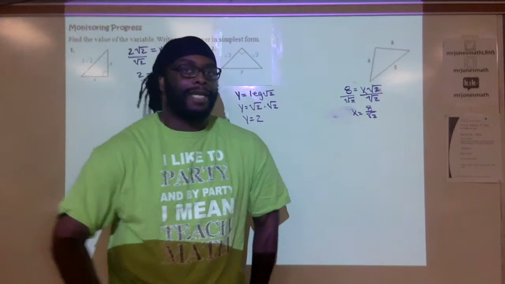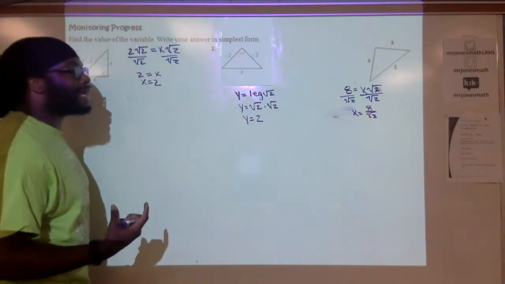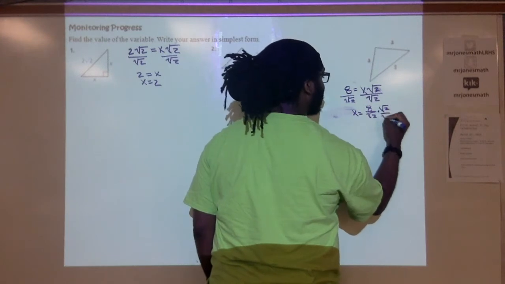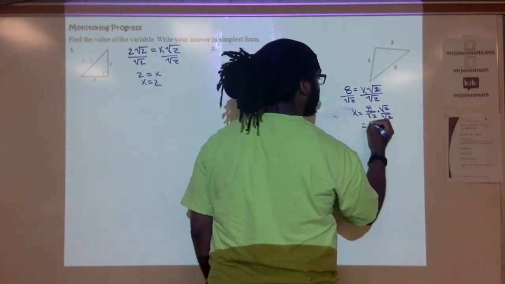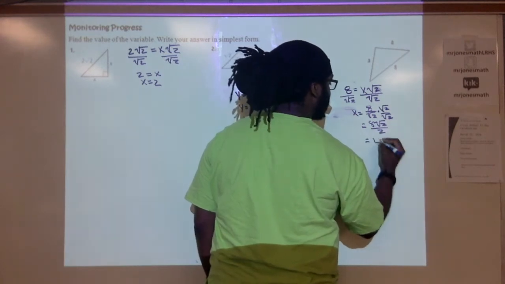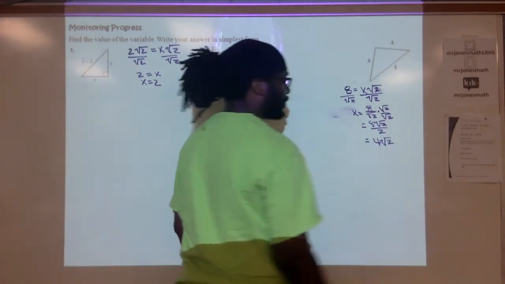But then again, we know we can't leave the answer that way. So we multiply or rationalize the denominator, get 8 square root of 2 over 2, simplify that fraction to 4 square root of 2.